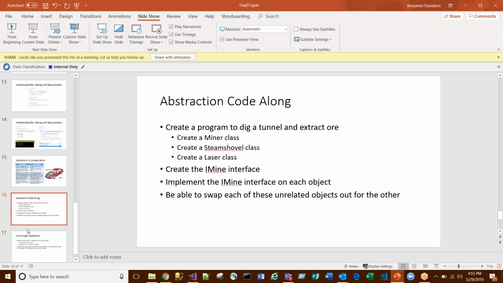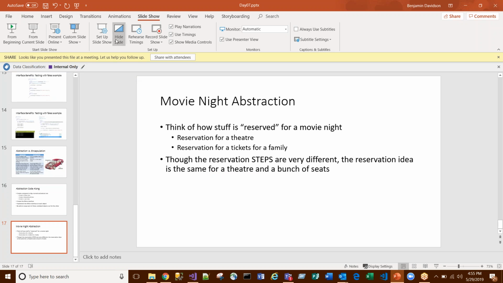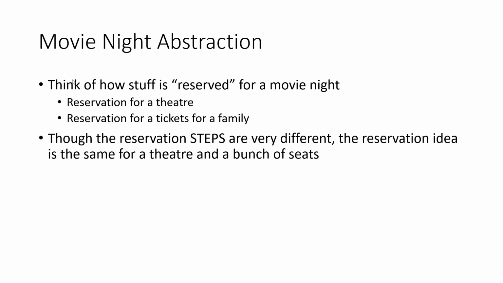So jumping back to the slideshow, let's talk about how we could use abstraction in our movie night app. So think about the word reservation, okay? There are a couple different types of reservation that are not very related. For example, a culture club member is going to get on the phone and talk to the manager of the theater and say, I want to reserve 14 theaters on these 2 dates, okay?